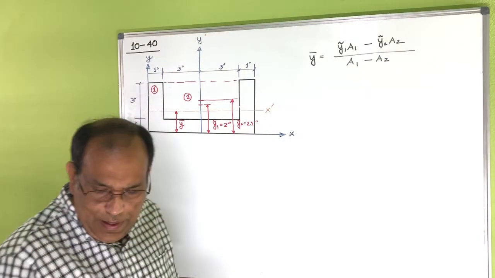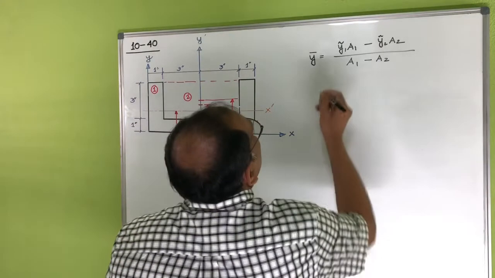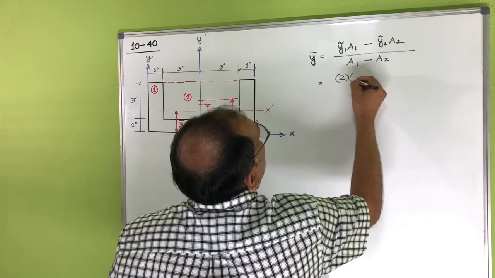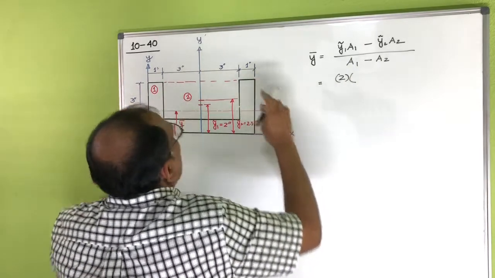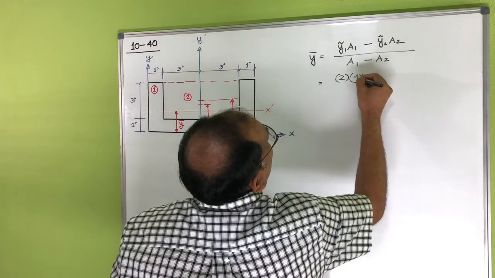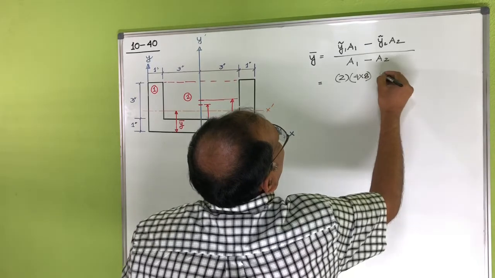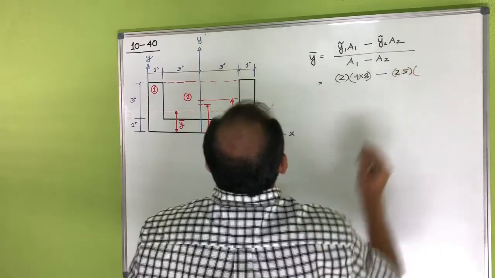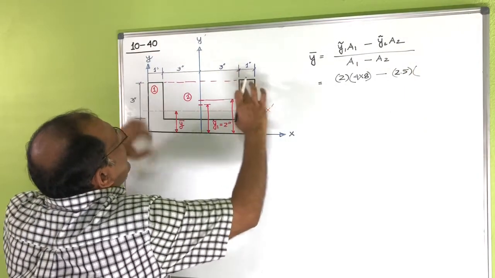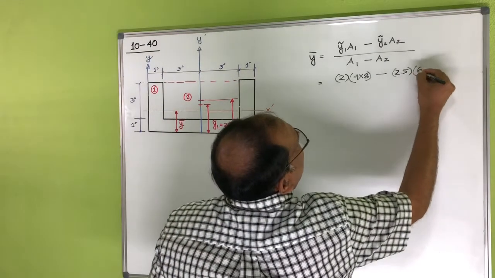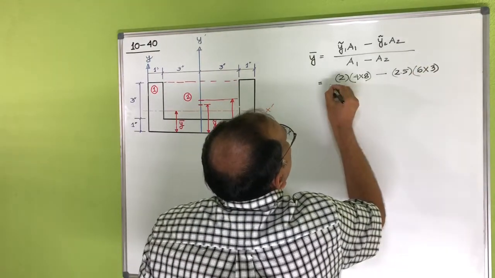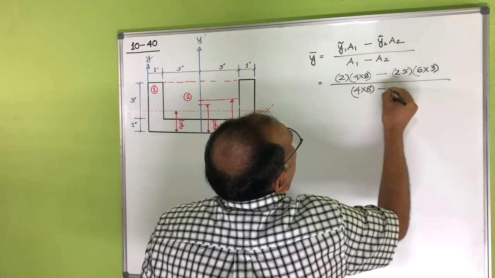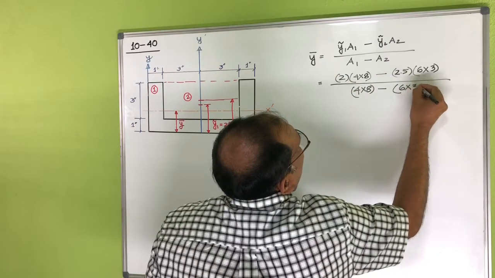Okay, if I plug that in here, you can see 2 into A1, which is 4 into 8, minus 2.5, area of that smaller one is 6 into 3, divided by A1, which is 4 into 8, minus 6 into 3.